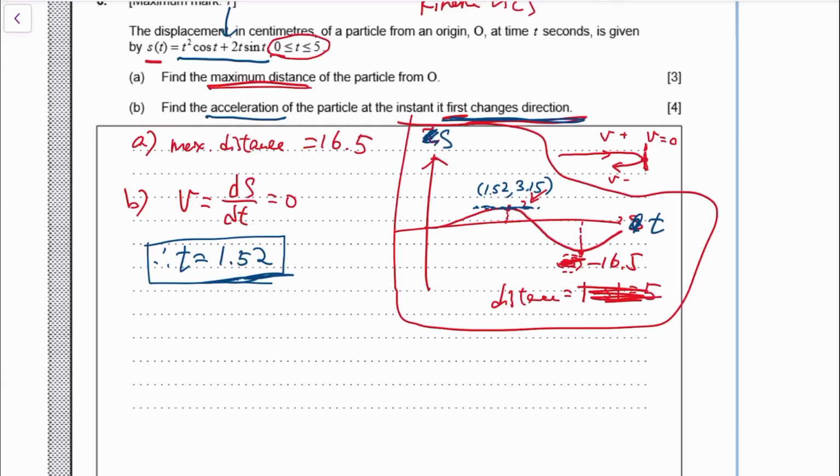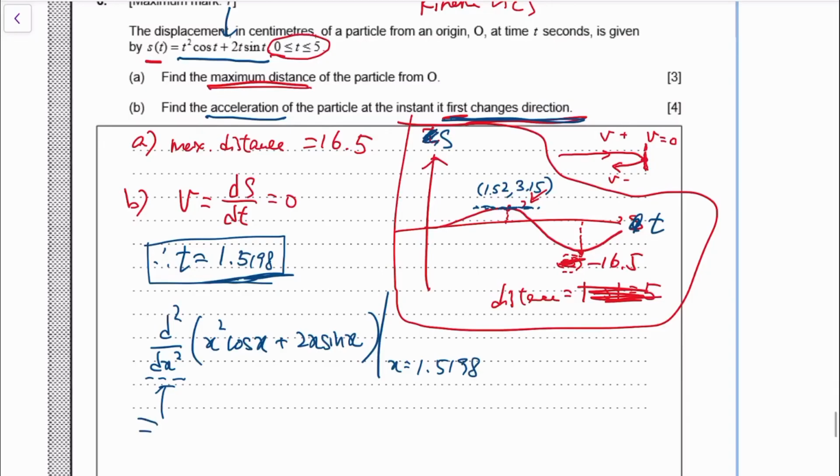So should I get more decimal places for the time? Technically, yes, because this is within the part. If you get more decimal places, it should be 1.5198, blah blah blah. So you do that, so the second derivative of this is what you would type into the calculator, depending on how your calculator does the second derivative function, with x being 1.5198.